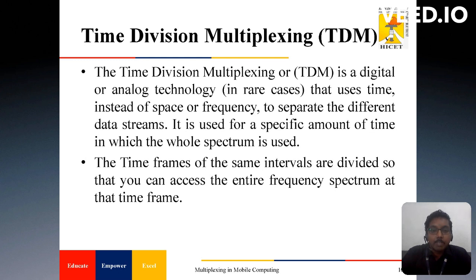If a television channel is broadcasting a serial, the first 20 minutes can be for serial content and the remaining 10 minutes for advertisement. From the total of 30 minutes, the first 20 minutes are allocated for the original content of the serial and the rest for advertisement. That's time division multiplexing.